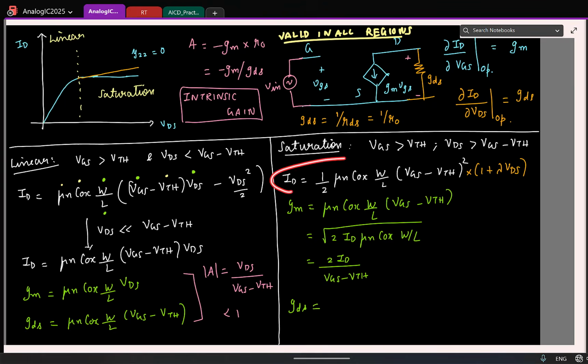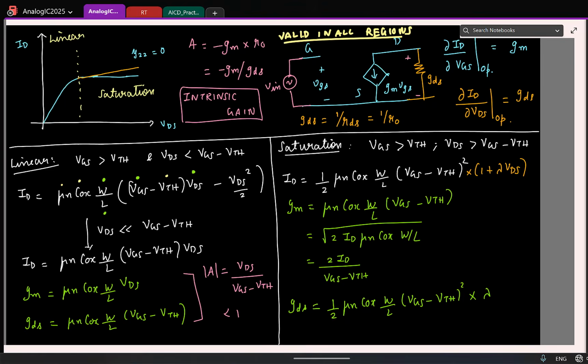For GDS, I'll take this equation and differentiate it with respect to VDS. If I do this, I'll get half mu COX W by L times VGS minus VTH whole square times lambda.